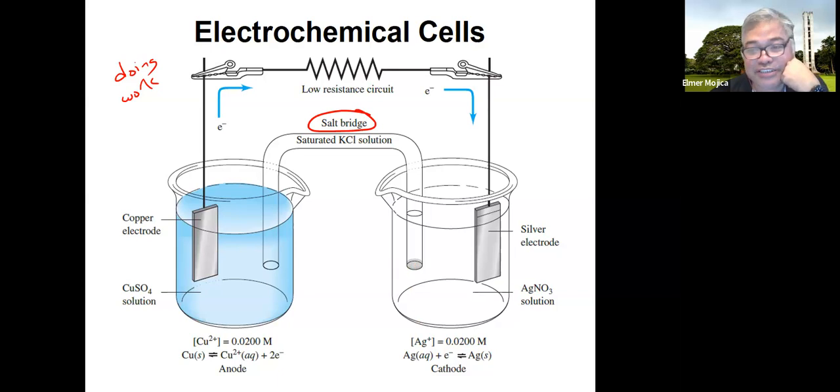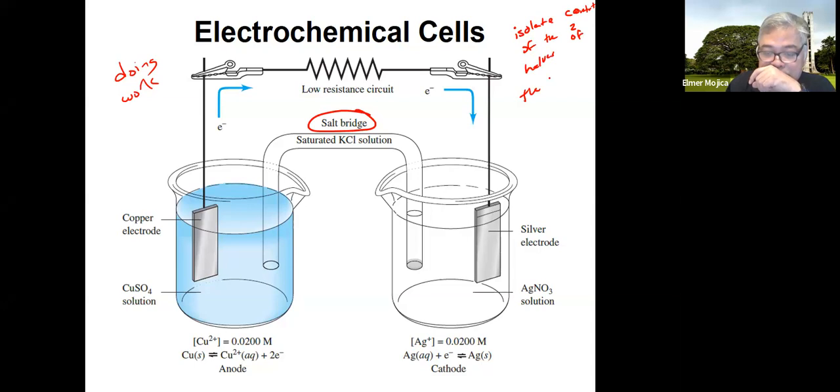So usually the purpose of this salt bridge is to isolate the contents of the two halves of the cell while maintaining electrical contact between them. Okay, so you need to isolate.